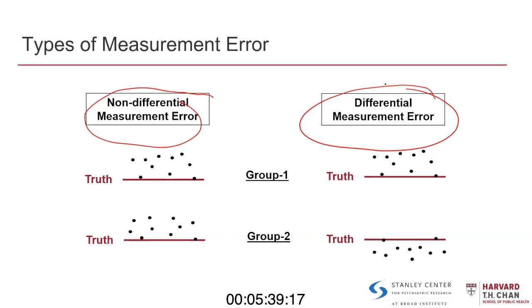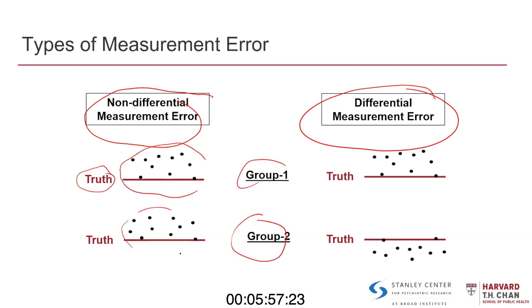If the exposure or the health outcome is dichotomous, then this non-differential misclassification, oftentimes we say, biases the estimate towards the null. So you have the truth, group 1 and group 2. So it's equally higher in both groups. A differential measurement error occurs when the misclassification of exposure or outcome is not equal between the two groups.